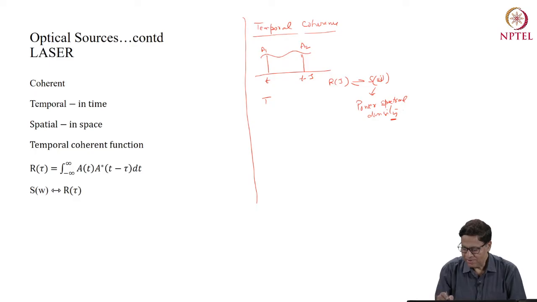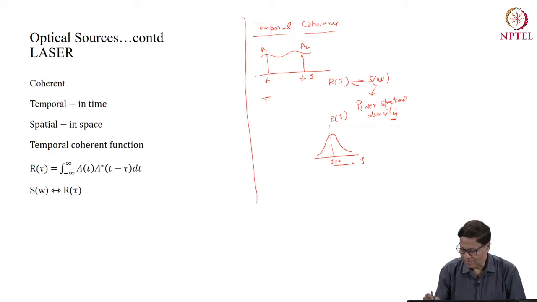Okay, so if R tau is something like this, this is tau is equal to 0, this is R tau. That means if you correlate when tau is equal to 0, that correlates with the point itself, then it has maximum R tau, and as the tau increases, the R tau value goes down.